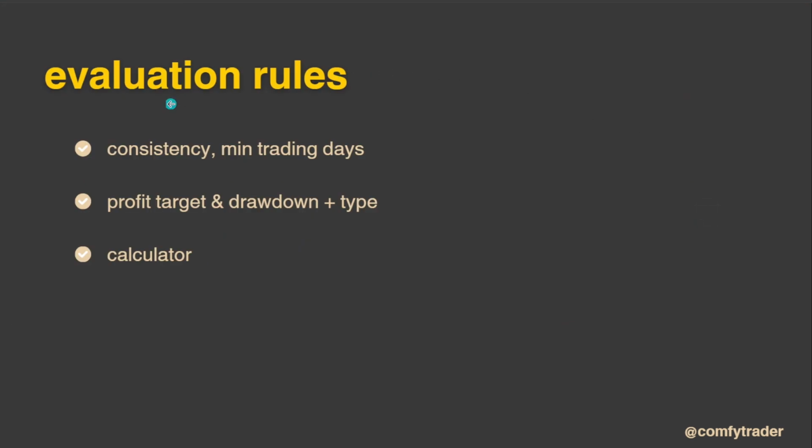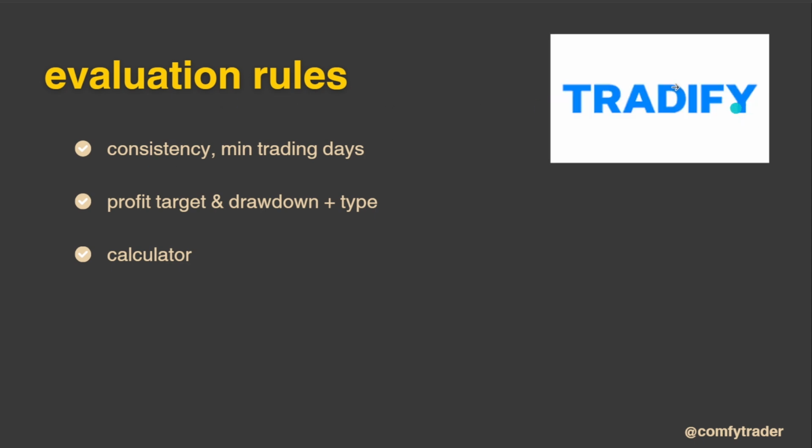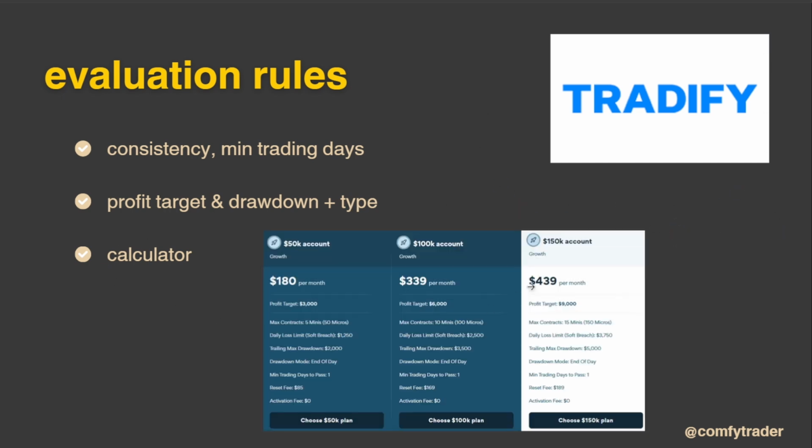But first things first, the evaluation rules are secondary in my opinion. In my example, I use Tradeify. You have to look at the accounts they offer. These are the growth accounts. They have the trailing max drawdown with end of day.